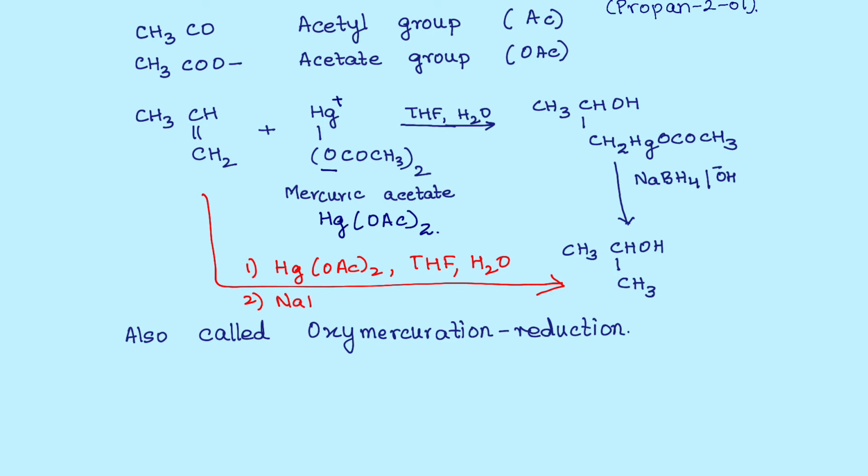So when I write first and second, that means these are the two steps of the reaction, and after these two steps, we form the product, which is again propan-2-ol.